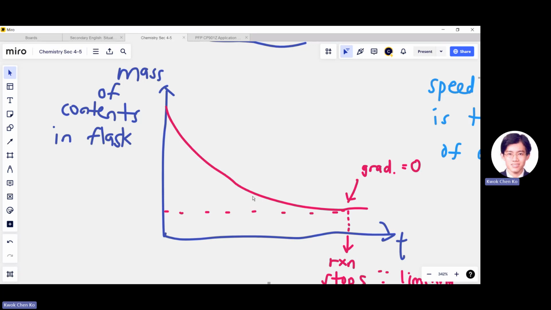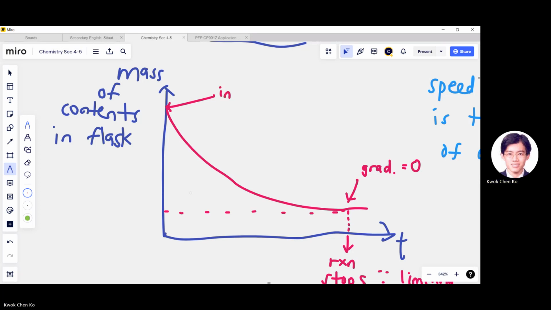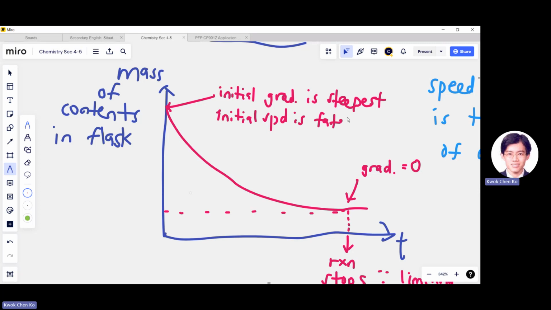Where is the steepest part? At the start, yes. Write this down. Right at the beginning is the steepest, the initial gradient. That means the initial speed is the fastest, and it's the same for all reactions.